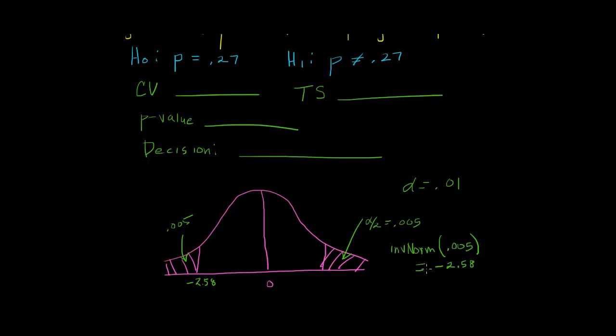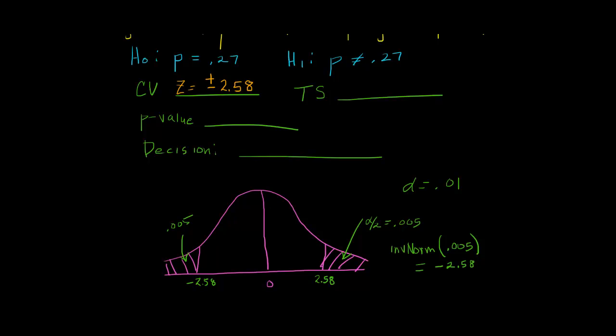Now you can also calculate inverse norm with the area of 1 minus 0.005 to get this one, but we know we have a symmetrical graph, and this should be the positive 2.58. Okay, so let's indicate that up here, and the way we do that, we have z-scores that are equal to plus or minus 2.58. It's one way to show both of them.